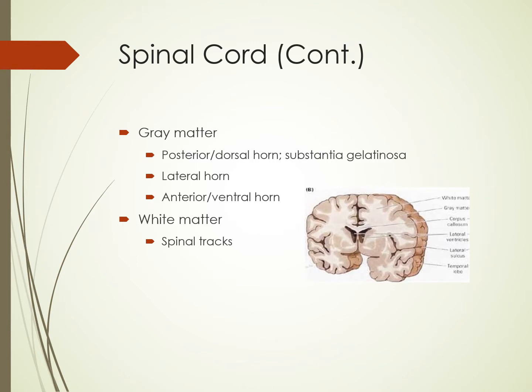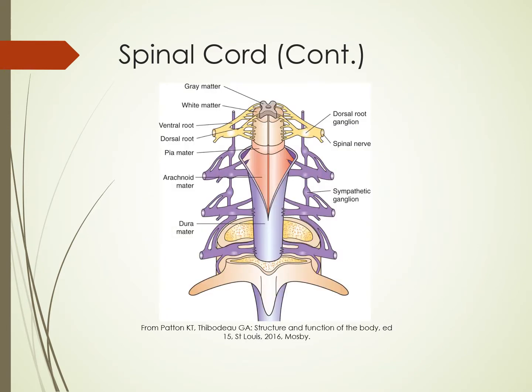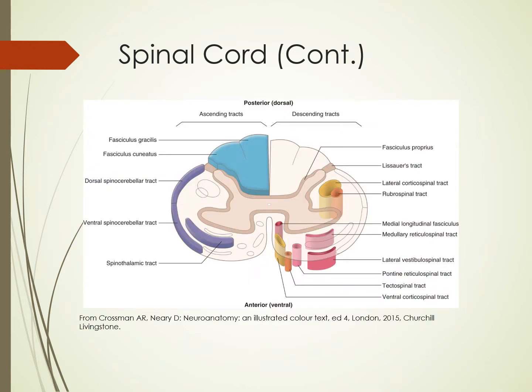Gray matter and white matter. You can see the difference here on this illustration. And here's the spinal cord, how it goes in the center of the spinal column. And here's another illustration of that.